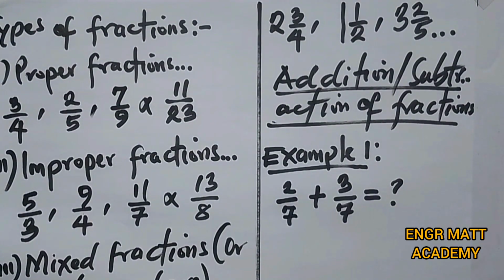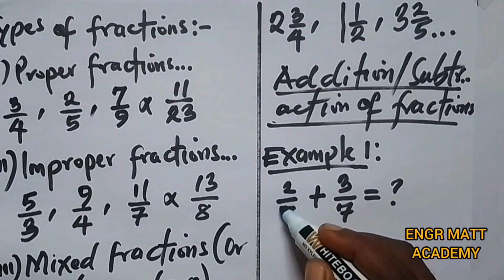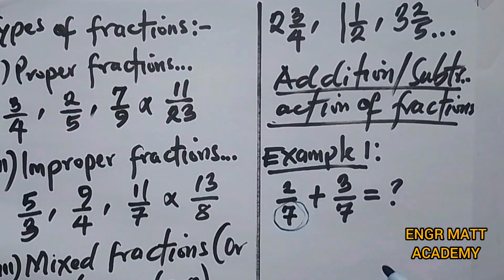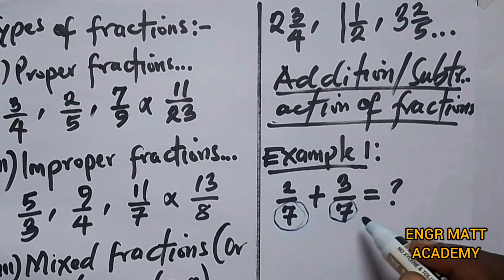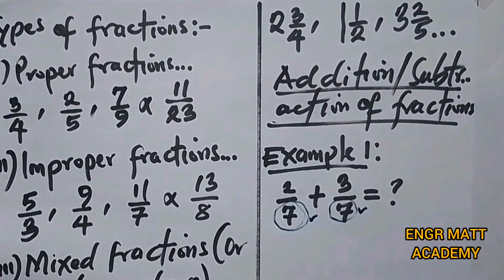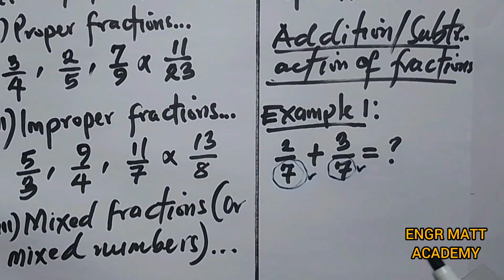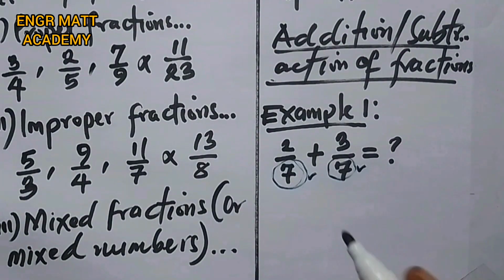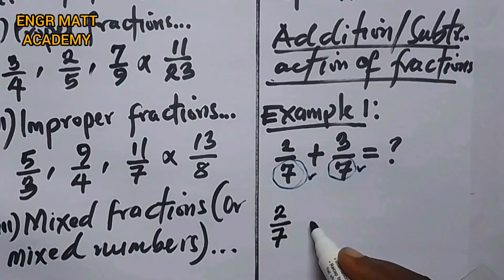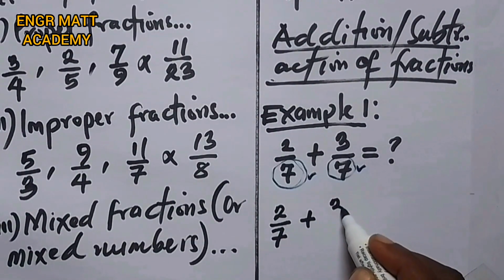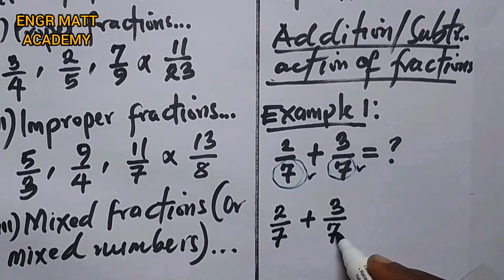Are they the same? 2 over 7, the denominator is 7. 3 over 7, the denominator is 7. So the denominators are the same. When the denominators are the same, we stick with that denominator. So we have 2 over 7 plus 3 over 7.